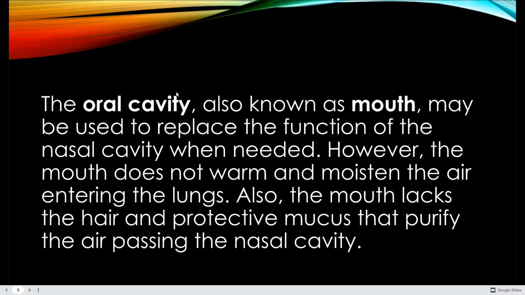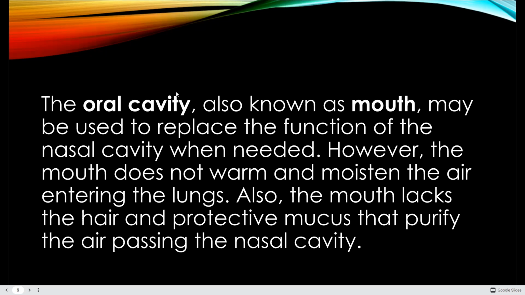The oral cavity, also known as mouth, may be used to replace the function of nasal cavity when needed. So if your nose is plugged, okay, you tend to open your mouth to breathe, correct? Am I correct? Okay, because again, your nose and your mouth are actually connected.